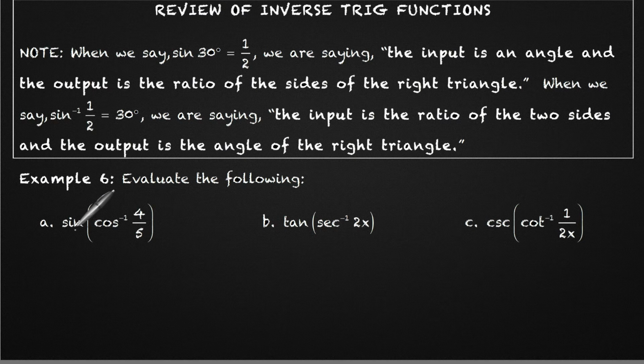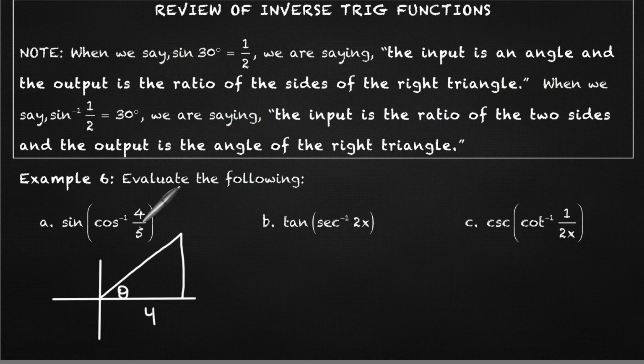We're going to evaluate the sine of the inverse cosine of 4 over 5. So essentially, when we say the inverse cosine of 4 over 5, what we're basically saying is there is some angle, and we'll call that angle theta. There's some angle theta where the adjacent side is 4 and the hypotenuse is 5. Of course, we know that is going to be 3 because of the Pythagorean theorem.